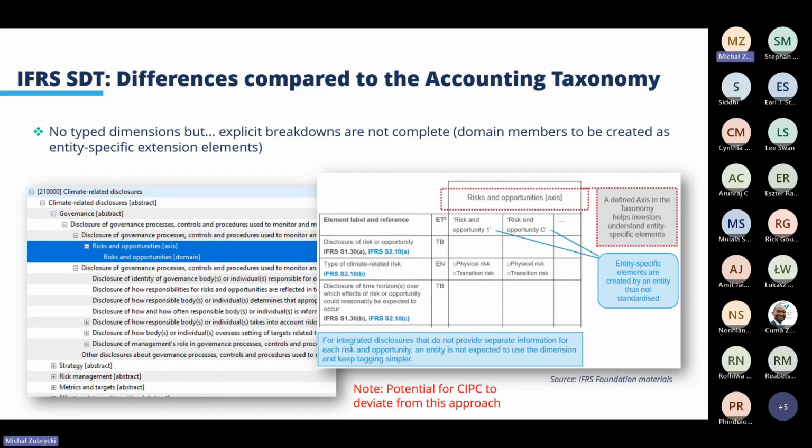I think actually for the emissions, there are already predefined categories that will close these breakdowns, but we would need to have a closer look at the actual content of the taxonomy. I was just using this as an example on the risk and opportunity side. But yes, this is a good point, regardless of whether this is a type dimension or an explicit one with entity-specific extension elements.